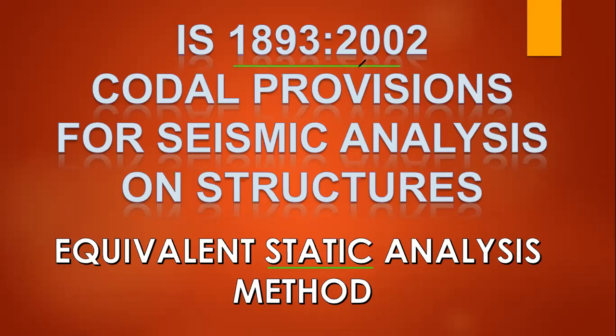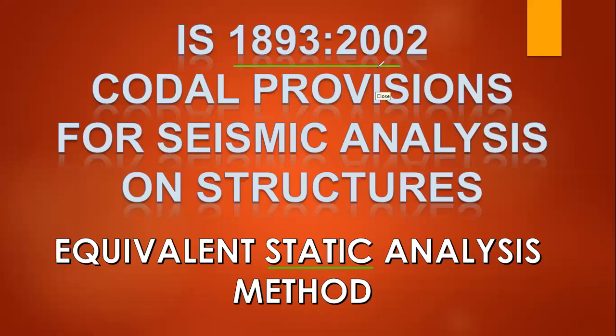Simple formulas we will apply and we will find out how much force is coming on every floor of the structure. This is the most direct way to analyze, and it is very simple to learn.